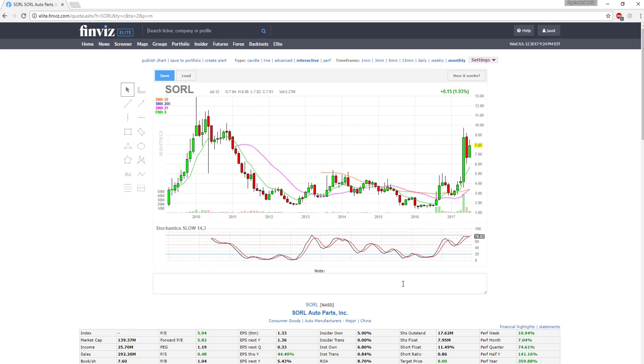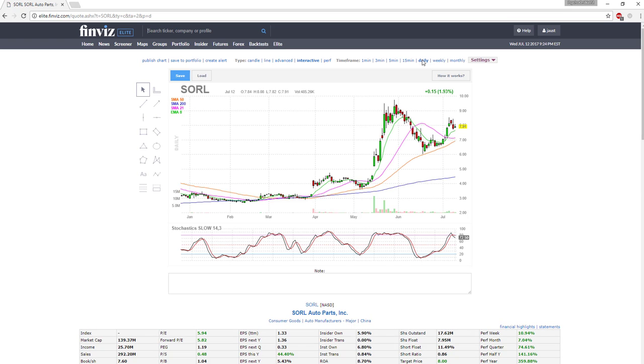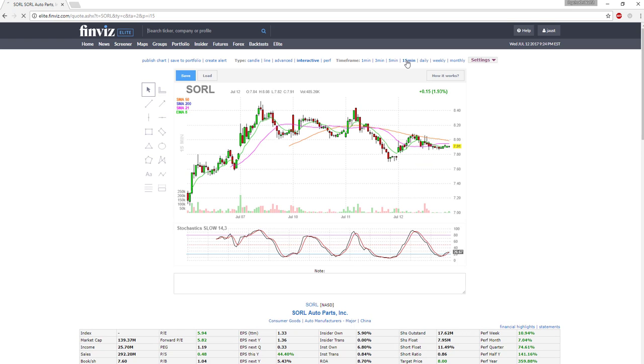So that being said, within each stochastic on a time frame, there's stochastics within that, if that makes sense. So you've got your daily, where you're looking at Sorel, and right here you're overbought. But if you pull down to the 15-minute chart, you could be completely oversold on the 15-minute chart.